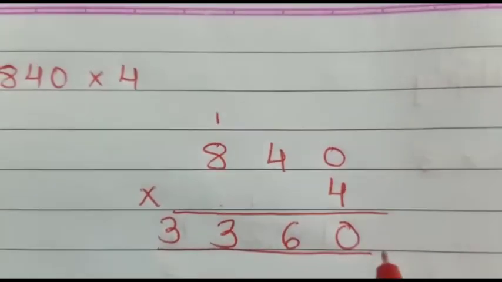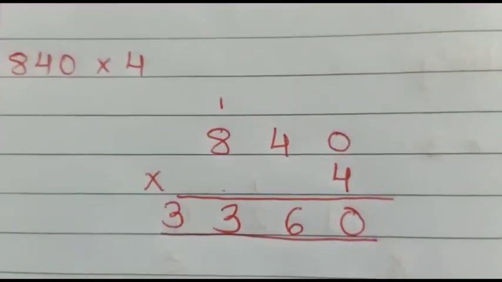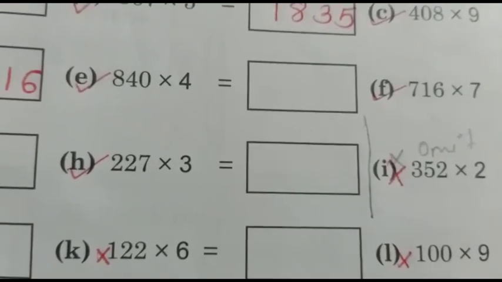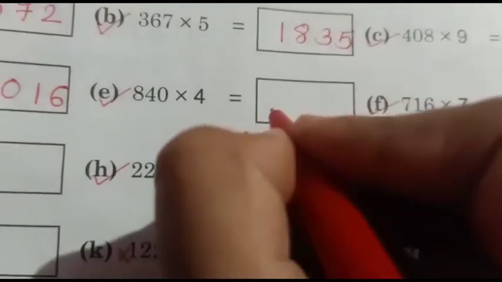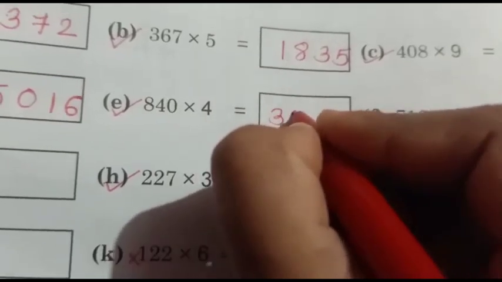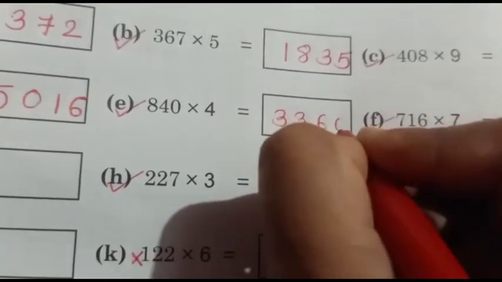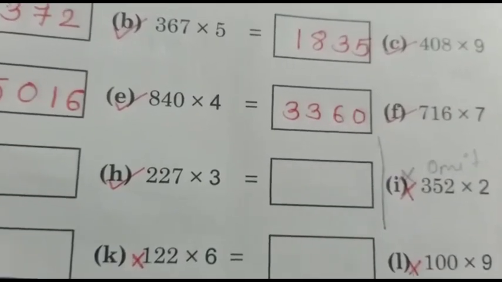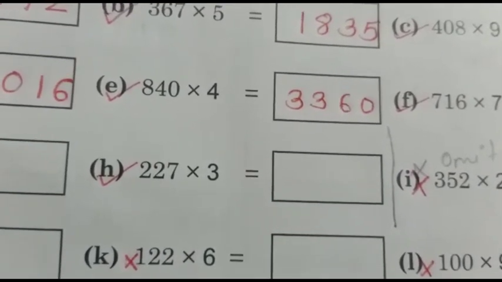Answer is 3360. Okay. So here in the combined book you will write the answer in the box, that is 3360. Okay, in this way you have to write the answer in the combined book.